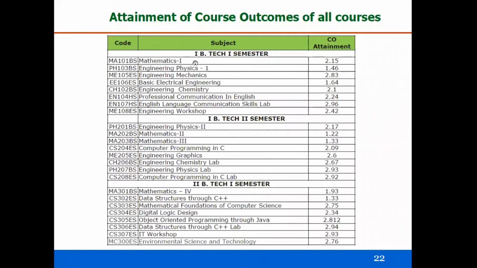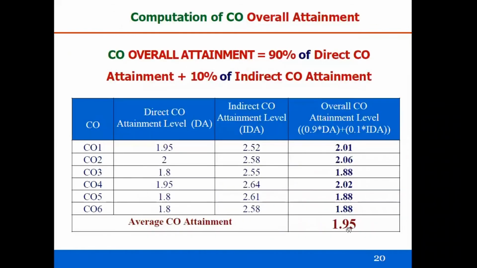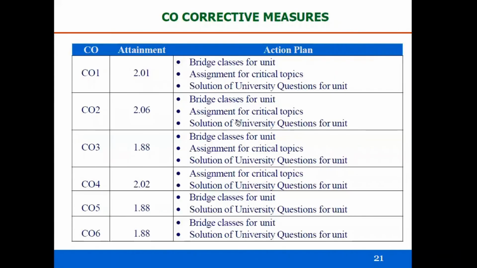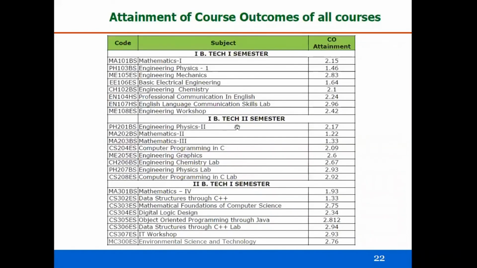Then you have to take the overall average CO attainment obtained for every course. Here this is 1.95 for CS404. Wherever that course falls, first, second or third year, you take that value. For example, 404 will come in second year, second semester, so that value will be added here.